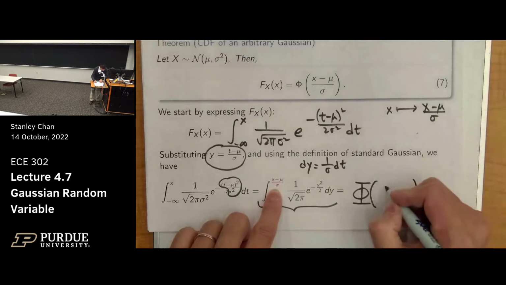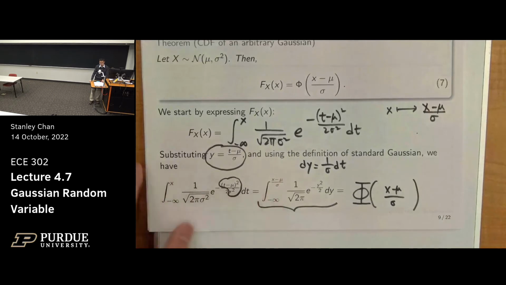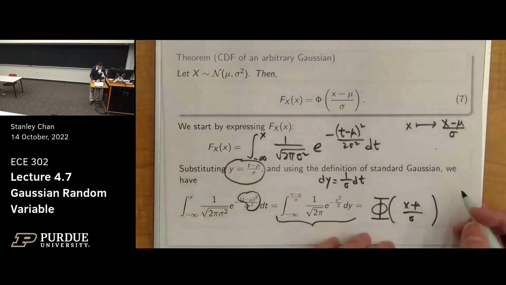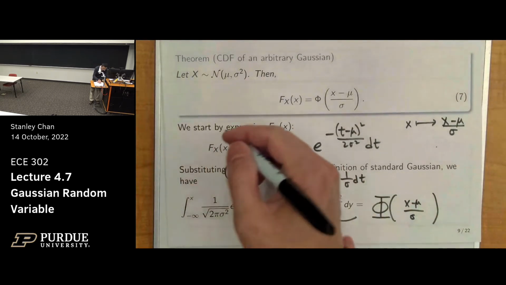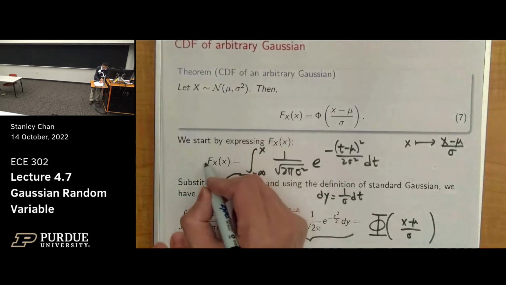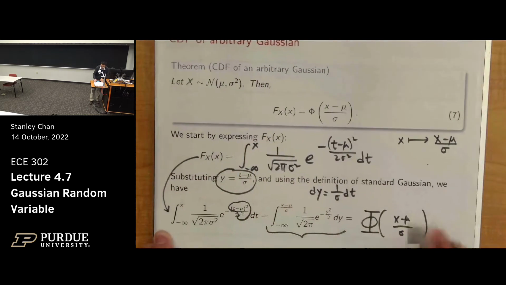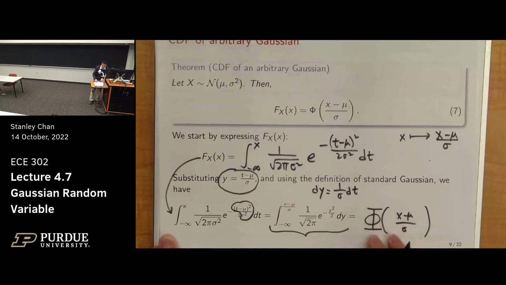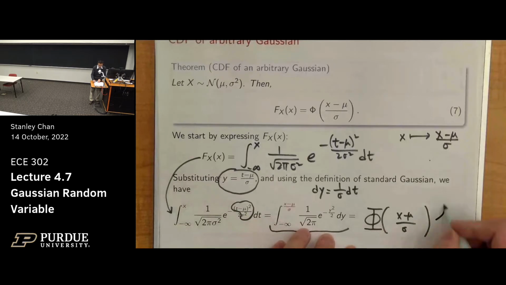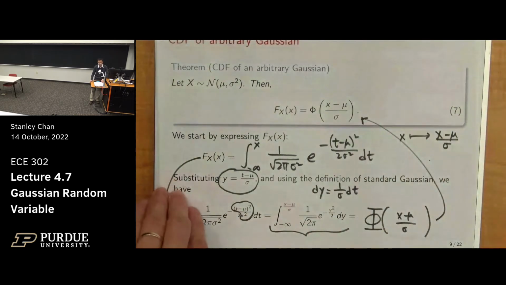And your upper limit is x minus mu divided by sigma. So as we go back here, we show that the CDF, which is F_X, will equal to this one, and equals to that one, and ultimately becomes this, the CDF written in terms of the standard Gaussian CDF, which is this expression that we are looking at.